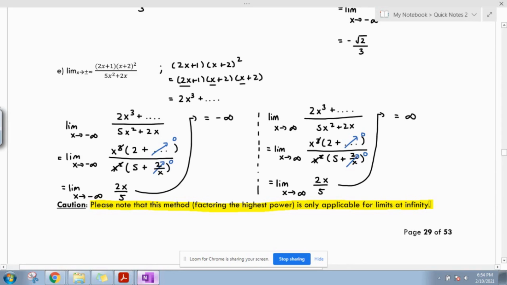If you see that x is approaching plus or minus infinity, you can factor out the highest power of x. If it's going towards a number, say an integer, a fraction, you cannot use this method. If you do, you will not get something that makes sense. It won't work. Okay? So please, please, please make sure that you only use this method of factoring out the highest power for limits at infinity.